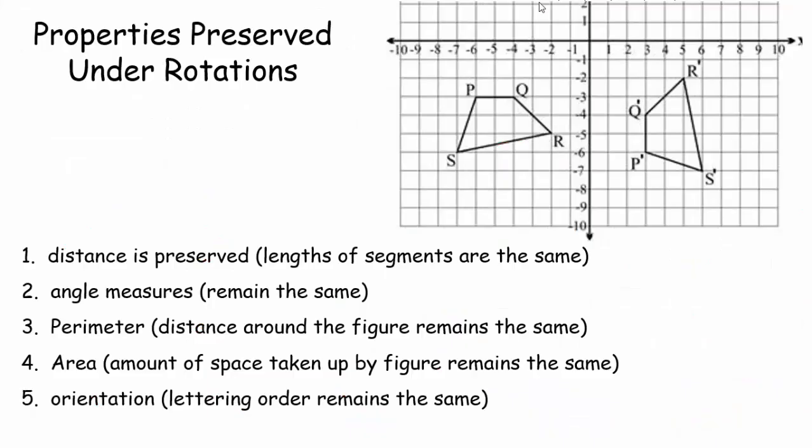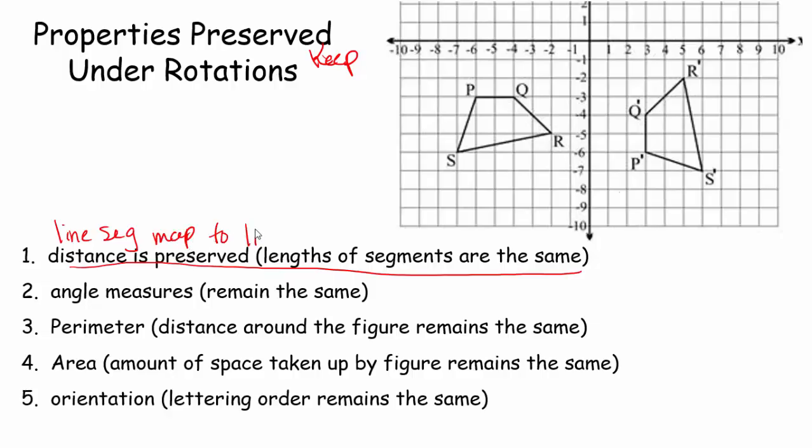Remember, the word preserved means what is kept, or what do we keep the same about those figures? Let's look at these two figures up here in this coordinate plane. Notice that the distance is preserved, which means the lengths of the segments are the same. In other words, line segments map to line segments.